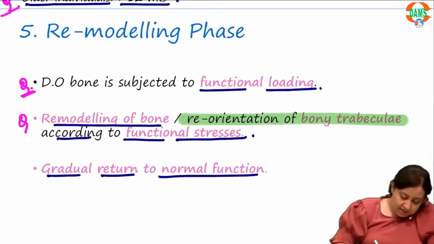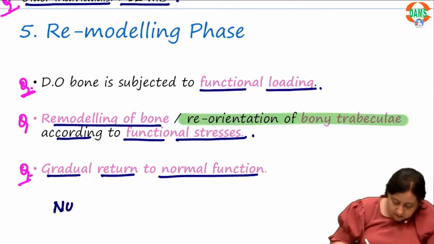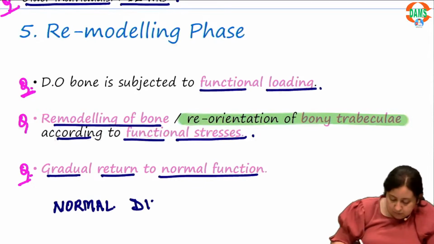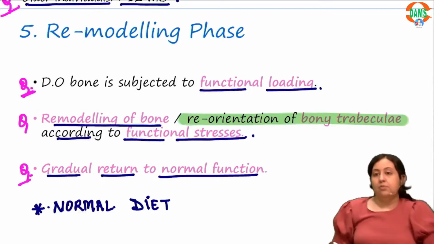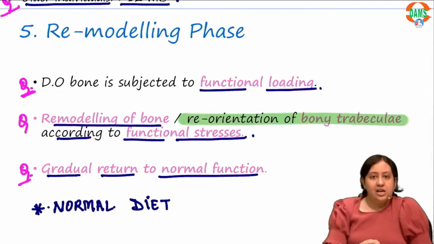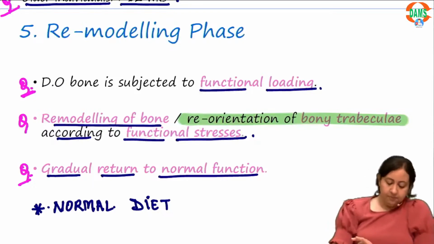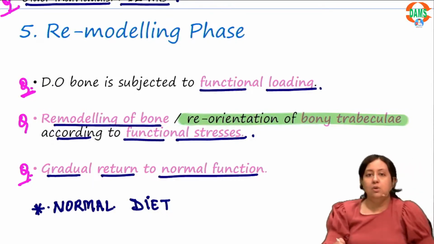So basically in this phase, the patient can be allowed to take a normal diet. So in the consolidation phase, soft diet, semi-solid diet. In the remodeling phase, normal diet. Okay. I hope you all will remember the phases. With this, our phases are over.